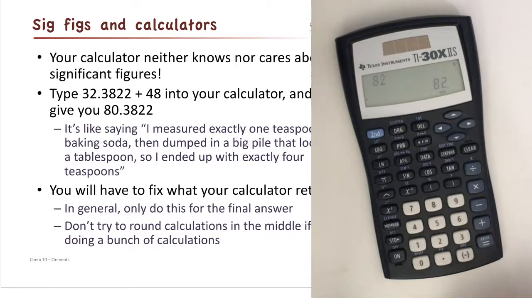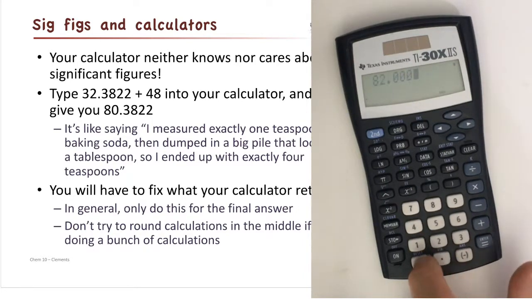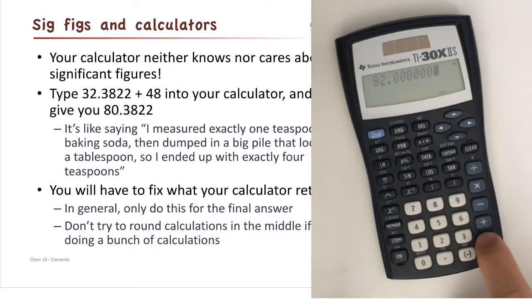But if I type in 82.000000, our significant figure rules tell us that all those zeros are significant, that we actually measured them. But if I hit enter, my calculator says 82, because that's what it is to a calculator. It neither knows nor cares about significant figures.